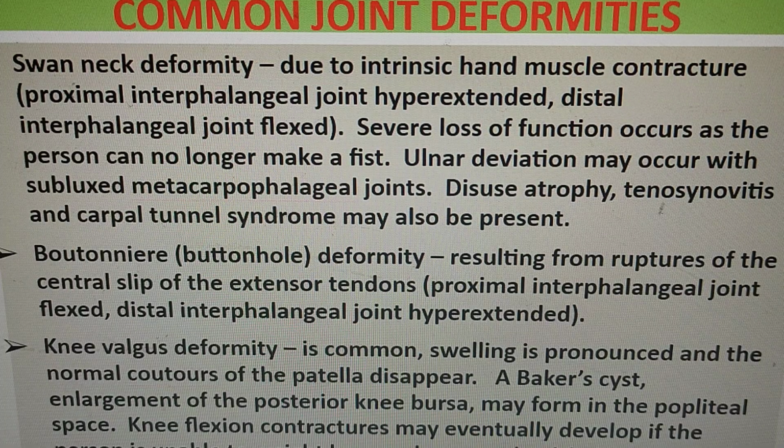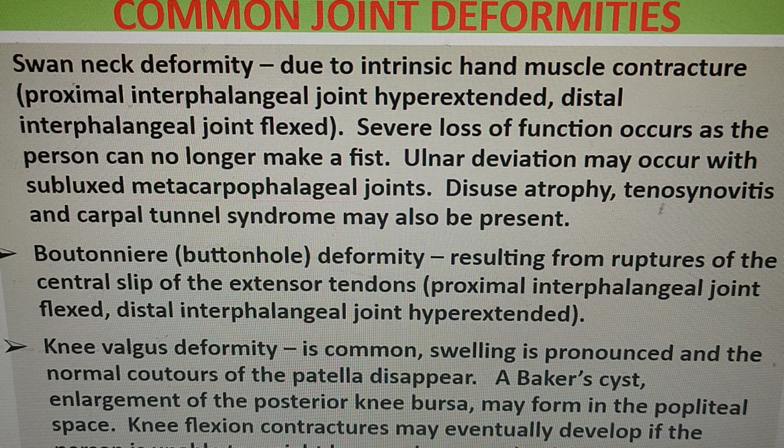Okay, so common joint deformities of this condition. There's the swan neck deformity due to intrinsic hand muscle contracture, with the proximal interphalangeal joint hyperextended and the distal interphalangeal joint flexed. Okay, so here you go, guys. Severe loss of function occurs as the person can no longer make a fist.